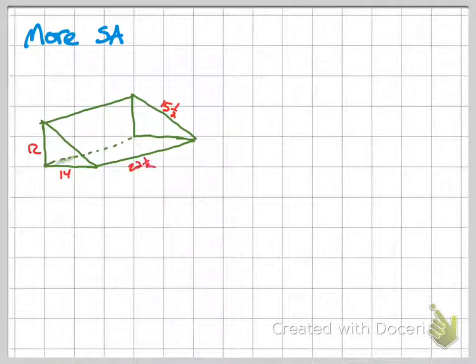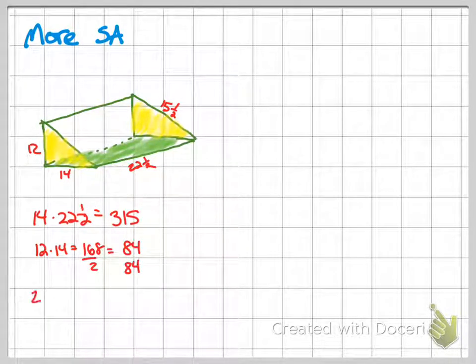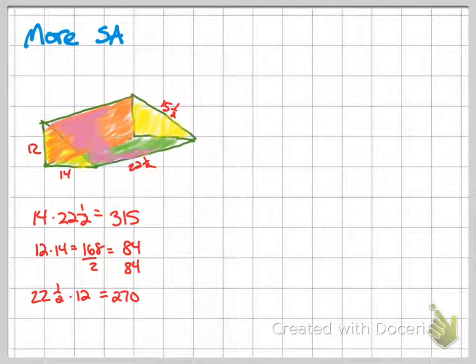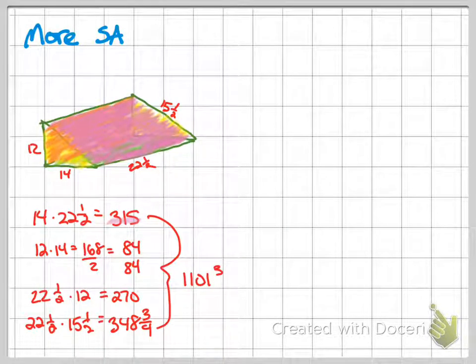Here's an example using a right triangular prism. On this one, I chose to do the bottom first, which was 14 times 22 and a half. I then found the area of the triangles, the front and the back one, which was 12 times 14. And then I divided that by 2. That gave me 84 and 84.